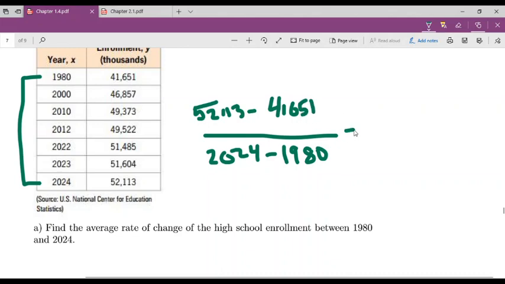Okay, so if I do this, obviously the bottom simplifies pretty easy. So the difference between 1980 and 2024, I believe, should be 44 years. The difference on the top is a little more difficult. Let's type that in the calculator real quick. Take a second. Type it in your own calculator. You should get 10,462, I believe.